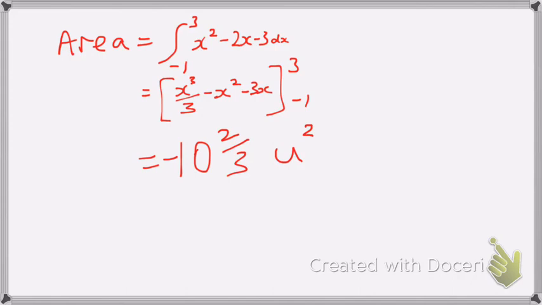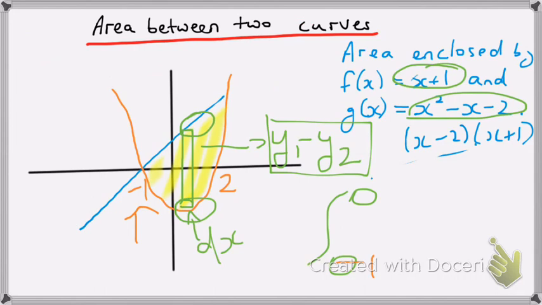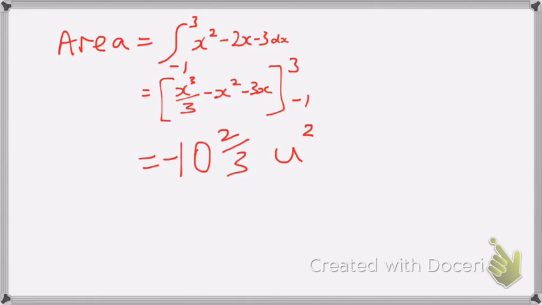The reason you got minus 10 and 2/3 and not positive 10 and 2/3 is because over here, when I subtracted, I did the parabola minus the line when I moved everything over to that side. But if you look back at the first slide, the line is always bigger than the parabola. So I should have actually done the line minus the parabola. You can fix that by cheating, effectively.